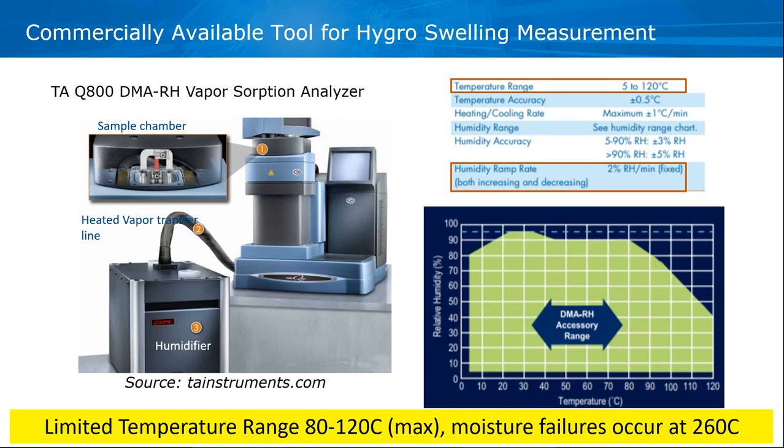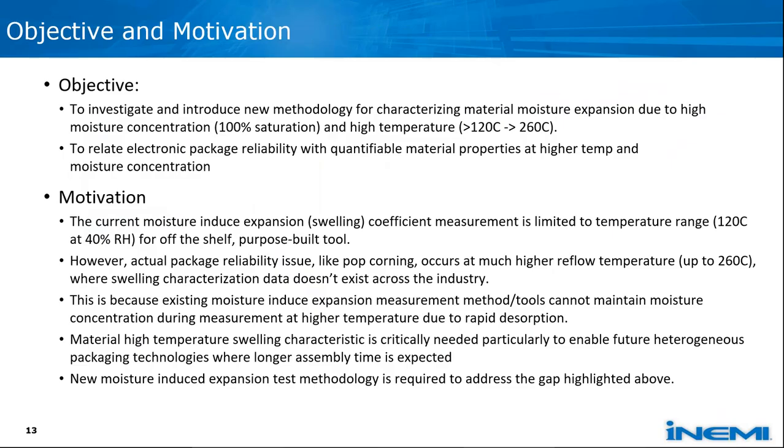Next page. So we get to the objective and motivation here. For phase one, the objective is to explore, investigate, assess, and hopefully come up with a new methodology for measuring material moisture expansion, particularly at higher temperatures.